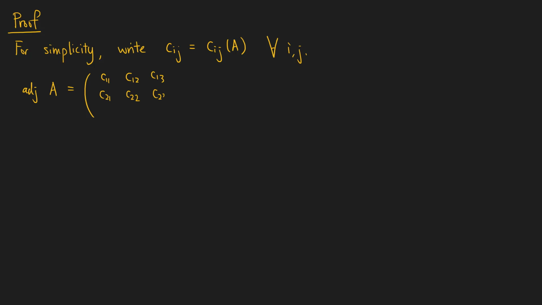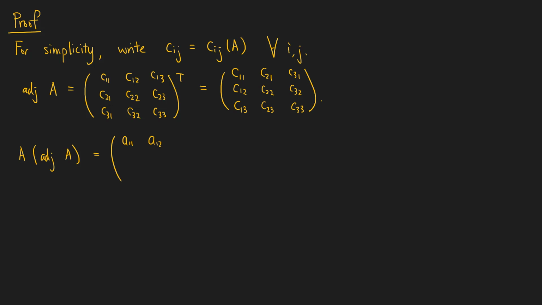Let's try to prove this theorem. For simplicity, we write Cij as the ij cofactor of A for all i and j. The adjugate of A equals the transpose of the matrix Cij, which equals the matrix with entries Cji. So A times the adjugate of A equals the matrix Aij times the matrix Cji.